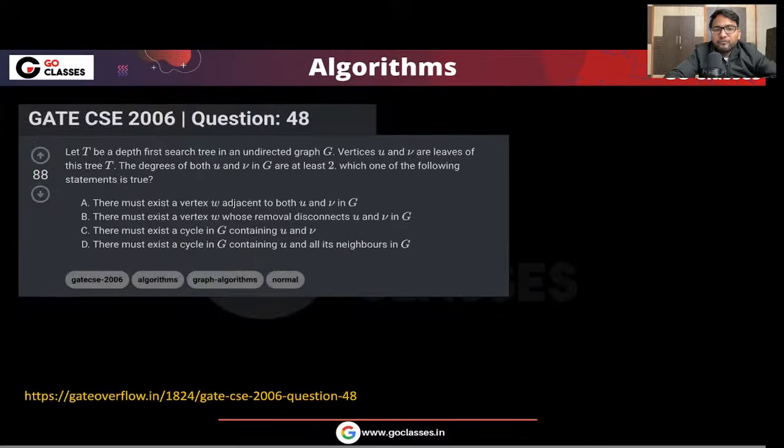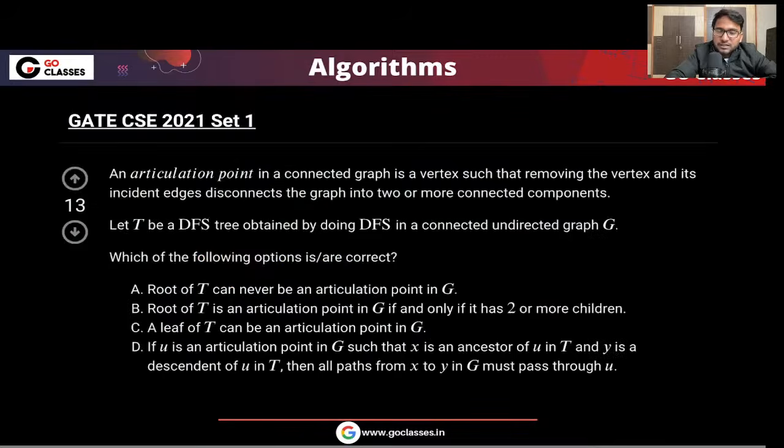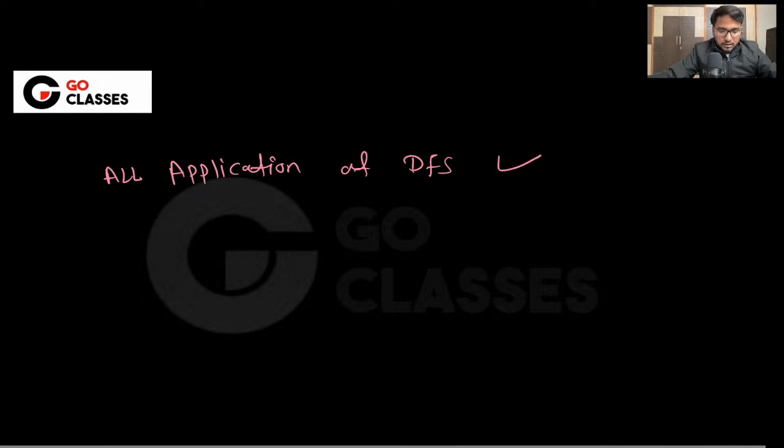Now we have finished all the applications which were there in the syllabus. So all applications of DFS are done. And what else? The parenthesis theorem, which was the most crucial one, is done.